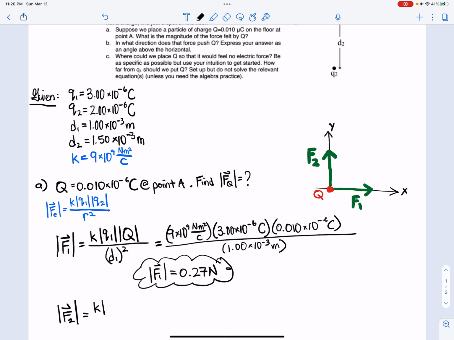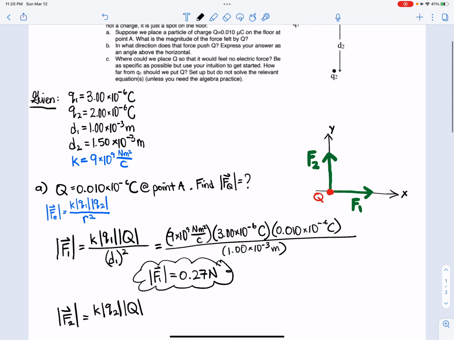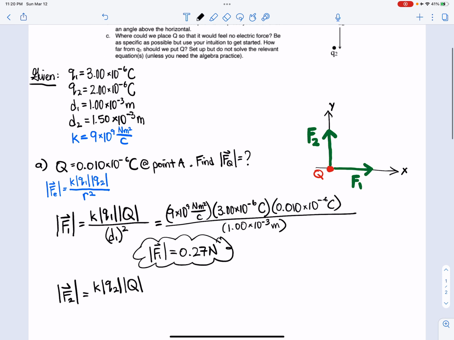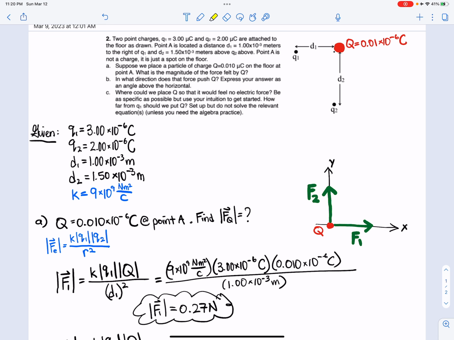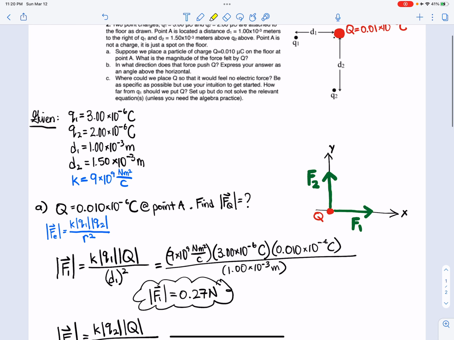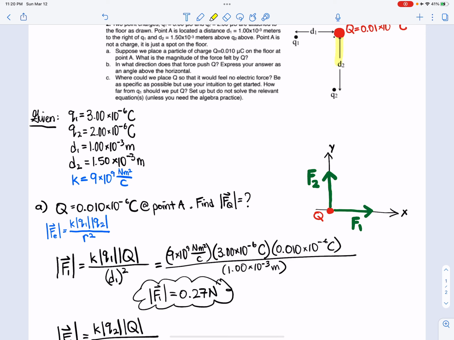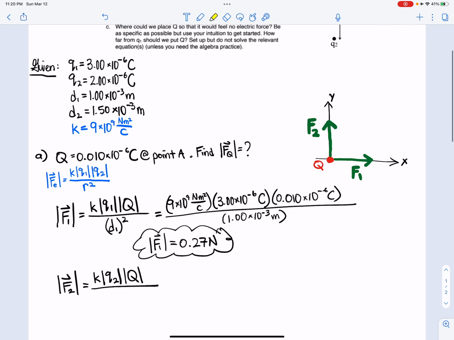So now, again, the electrostatic force is K times Q2, that's a source charge, times capital Q, or the particle of charge we added, divided by, now the distance between the center of charges is going to be different, right? Because the force due to Q2 is going to be D2 distance away from capital Q. So this will be divided by D2 squared.